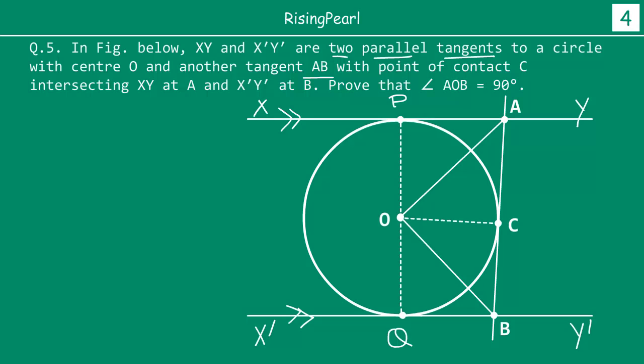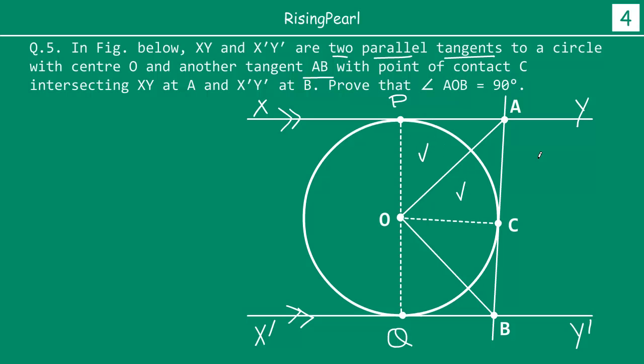Now at this point, friends, I want to tell you, there is more than one way in which you can solve this question. One of the most straightforward ways is that we have been seeing how, whenever we have an external point and we draw two tangents, AP and AC, and we join OP and OC and OA, then these two triangles are congruent.